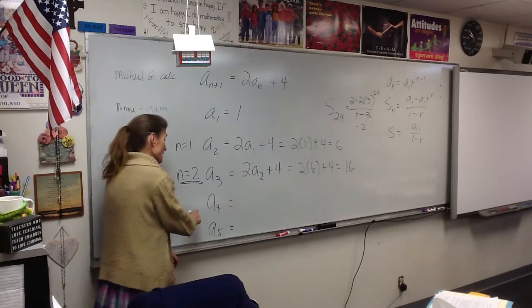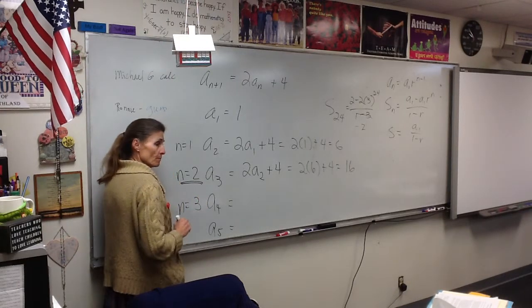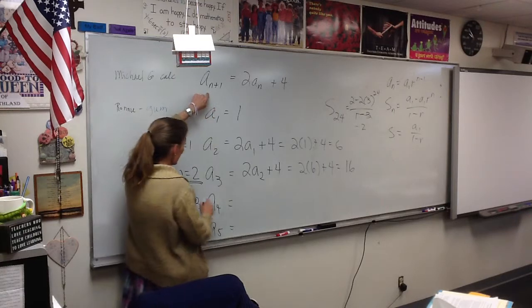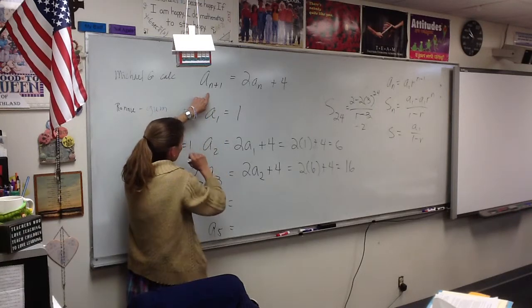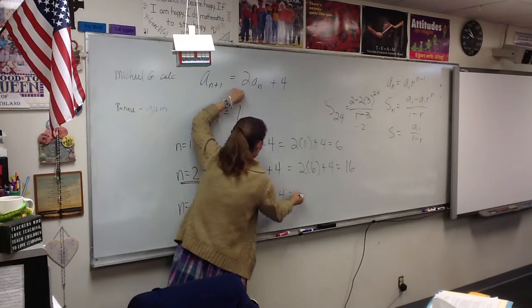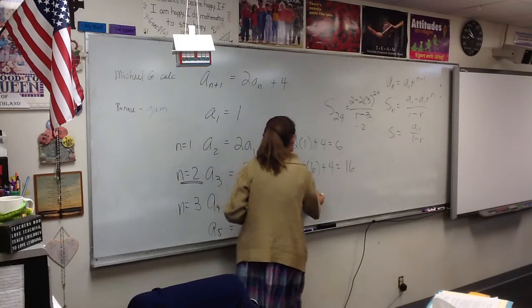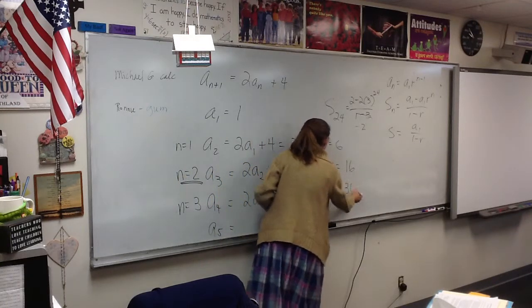Now, how do we find A sub 4? We'll let n be 3, because then the equation will say A sub 4 equals 2A sub 3 plus 4. But A sub 3 is 16, so 2 times 16 plus 4, I got 36.